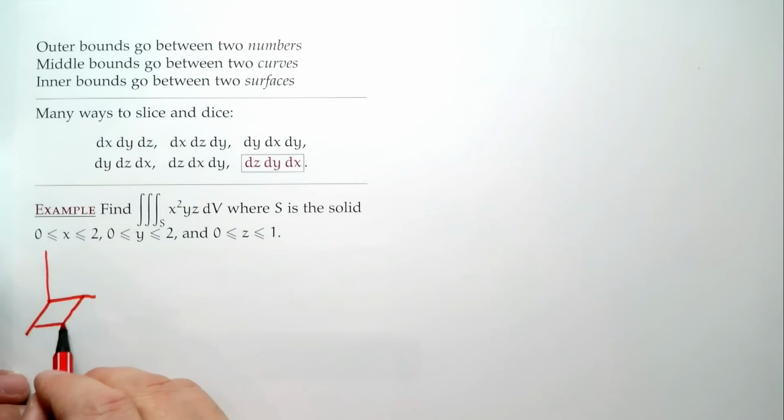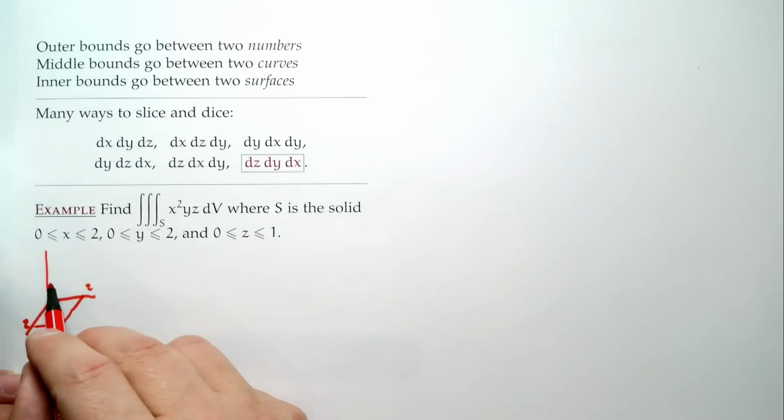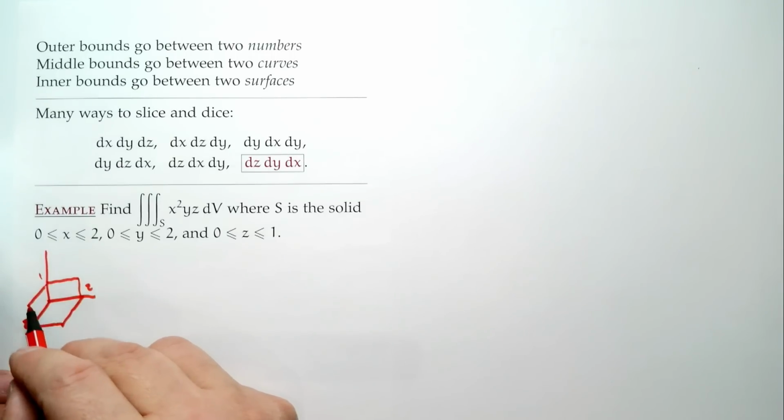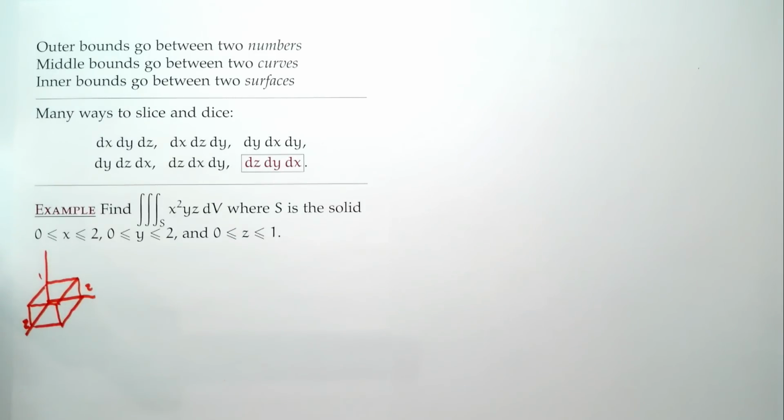Yeah, it's a box. x goes from 0 to 2, y goes from 0 to 2, and z only goes up to 1. So it looks something like that. Now, boxes are very nice things to work with. In fact, they're kind of our friends because they are flat. We like flat things. Flat things are very useful and convenient.